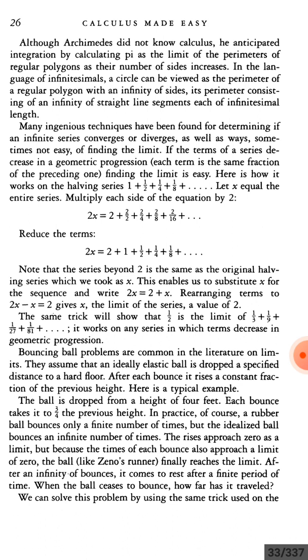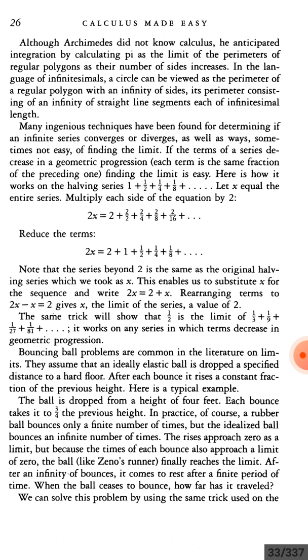Rearranging to 2x - x = 2 gives x, the limit of the series, a value of 2. The same trick will show that 1/2 is the limit of 1/3 + 1/9 + 1/27 + 1/81 and so on.